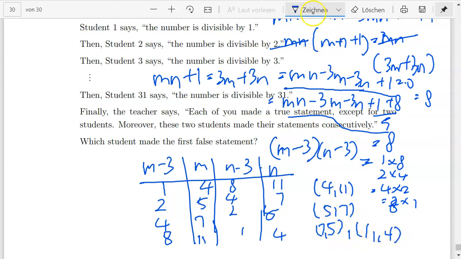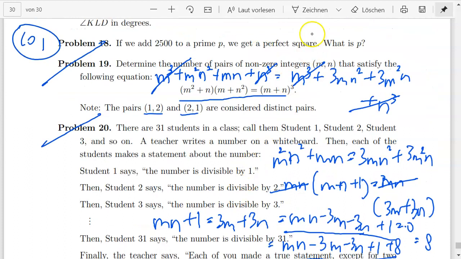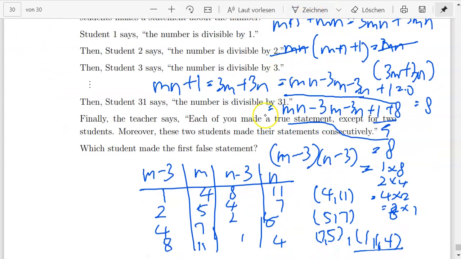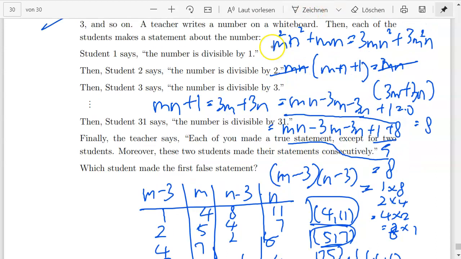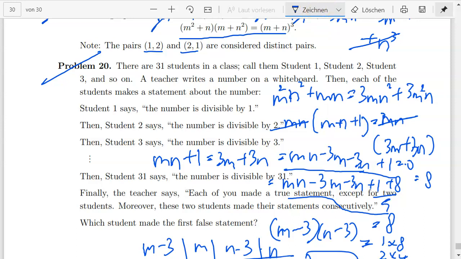If you guys are not sure, let's take one number and substitute it inside, and then we check if this is true. Because we have 2 different combinations over here, just do 4, 11 and 5, 7. So 4, 11, so maybe say m equals 4 and n equals 11. So 4 squared plus 11 times 11 squared plus 4 is equal to 4 plus 11 cubed.